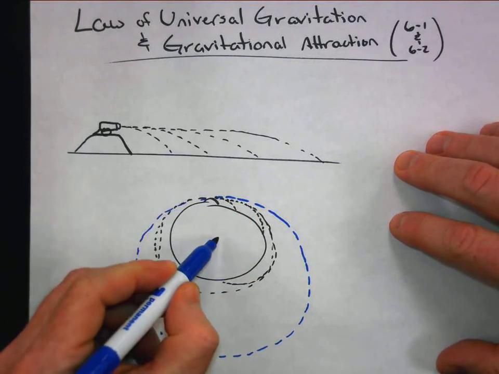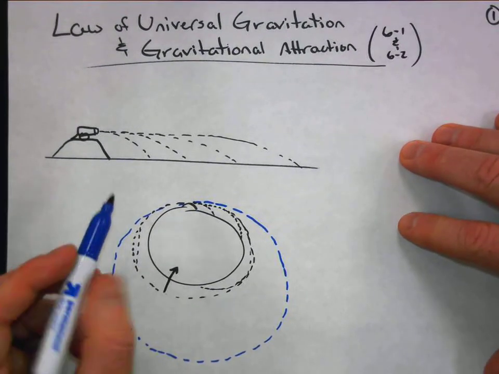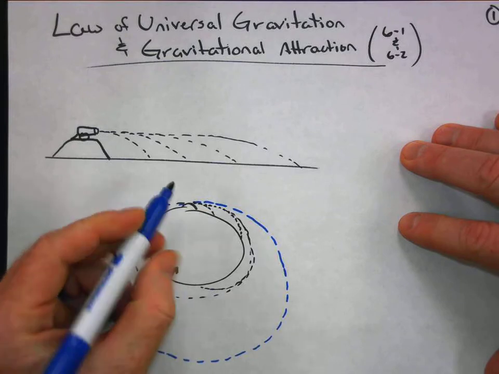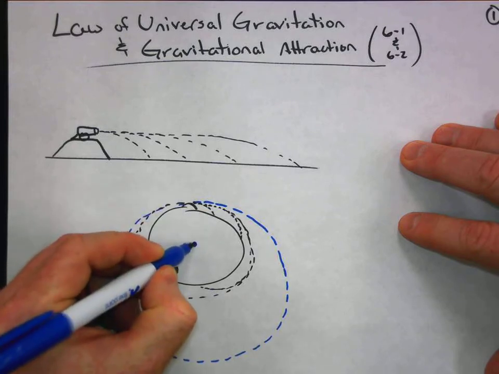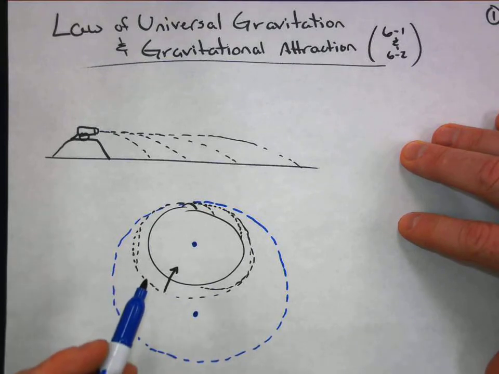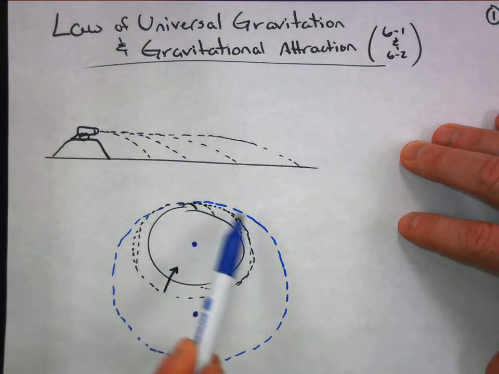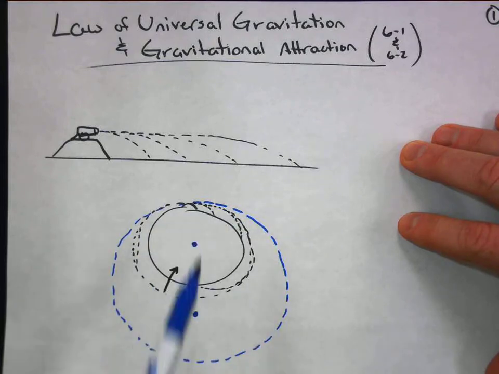The radius from the center of Earth actually changes. And with an ellipse, if you recall some geometry, an ellipse actually has two centers, and the two centers are some distance apart. What's interesting is the ellipse is actually orbiting both centers.